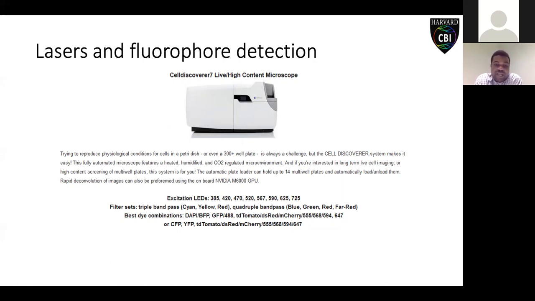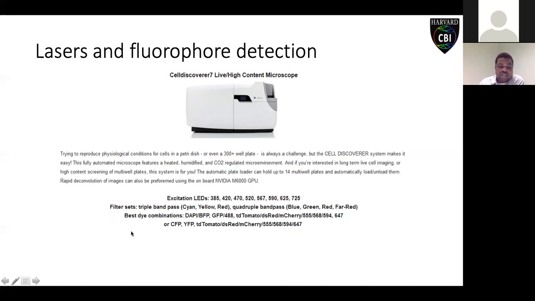Next is a little description that tells you about the various mounting systems that can go in, and so here is a dish. There's also up to 300 well plates that can be used in the system. There's CO2, there's humidity, and then heating. So that is indicated there.